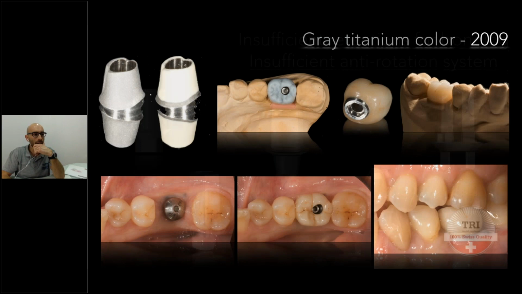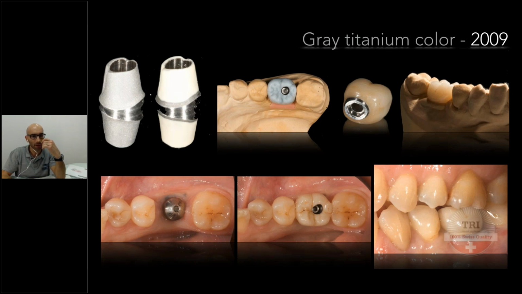Then here is a sample of a problem with this gray titanium color. This is a very old case made in lithium disilicate in 2009, more than 10 years ago.